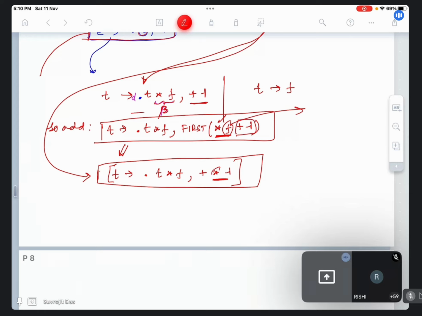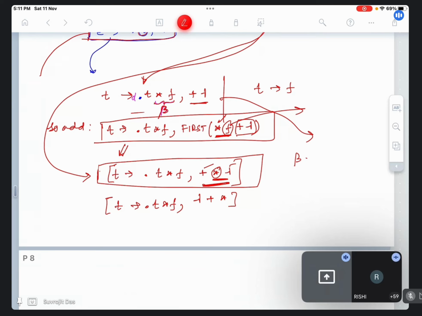So star will be in the front before plus. That doesn't mean anything. This is a list of lookahead symbols. You can even rewrite something like end marker plus star. That sequence doesn't matter. Your algorithm doesn't talk about the sequence, right, Rishi? Okay, sir. Did you get my point?